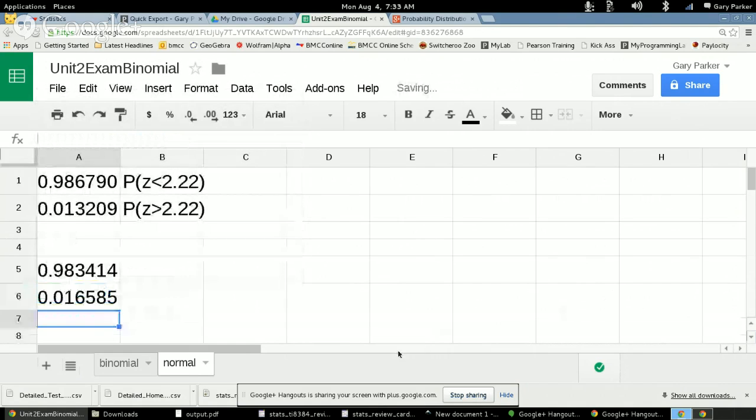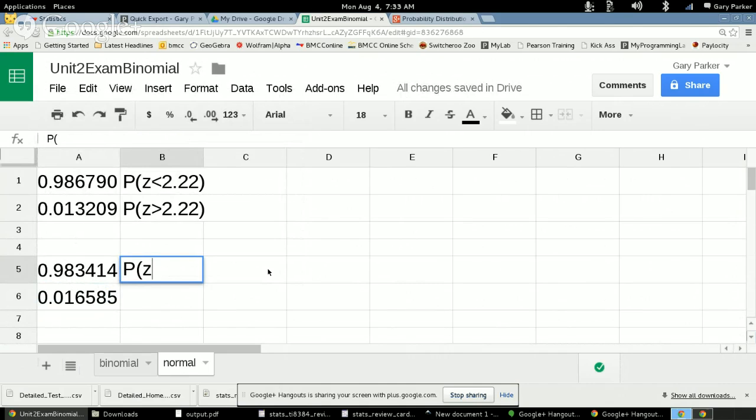So again, this one right here is the probability that z is less than 2.13. This is the probability that z is less than negative 2.13. Now let's subtract the two of them.